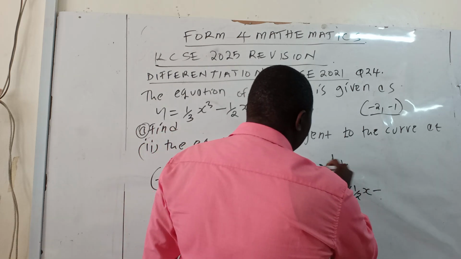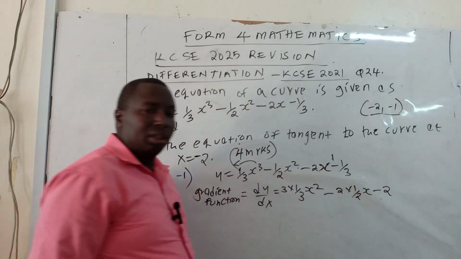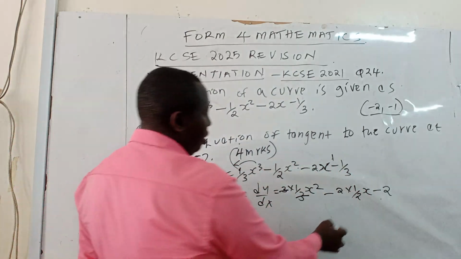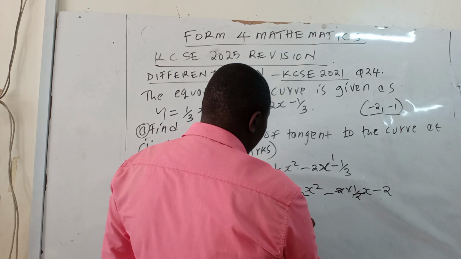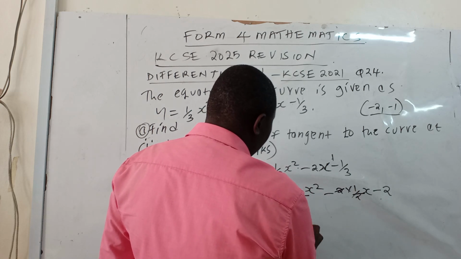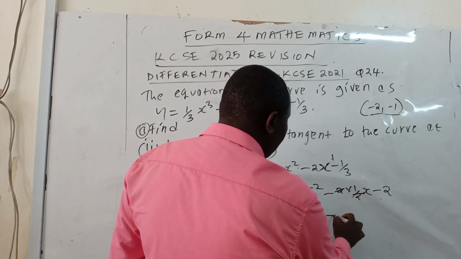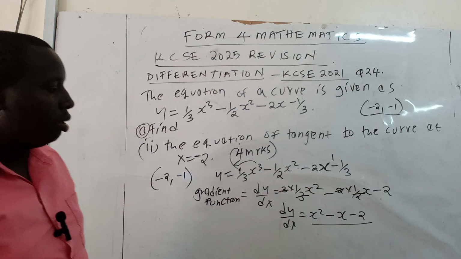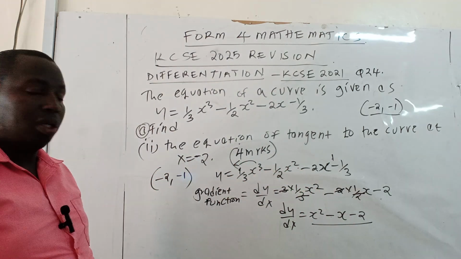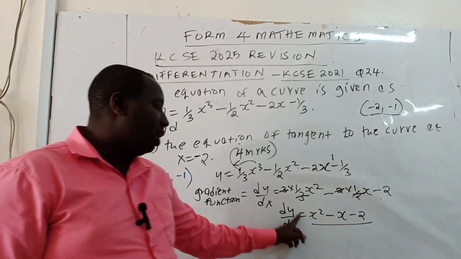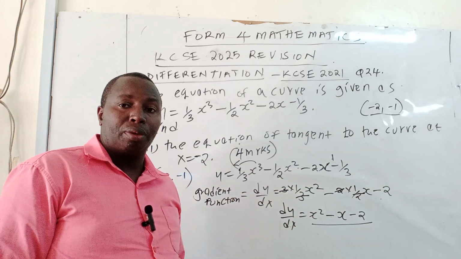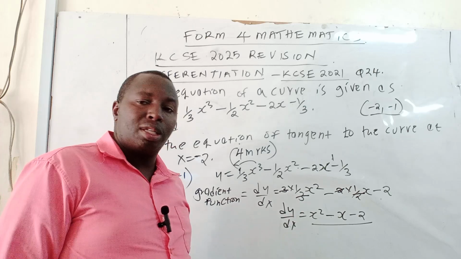Minus 1 times 2, just 2. You simplify by 3 and by 2, so that dy over dx is equal to x squared minus x minus 2. That's the gradient function.